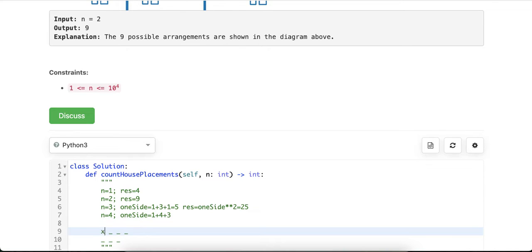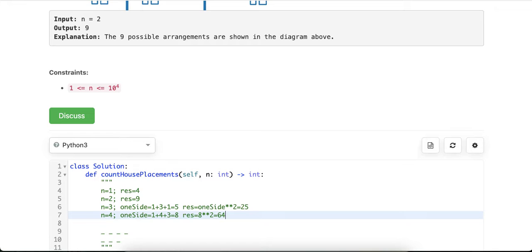Right? This is the third one. And when we have 3 houses, it's impossible to satisfy the requirement that no houses at the same side are adjacent to each other. So in total, we have 8 here. And the result is 8 squared, 64.